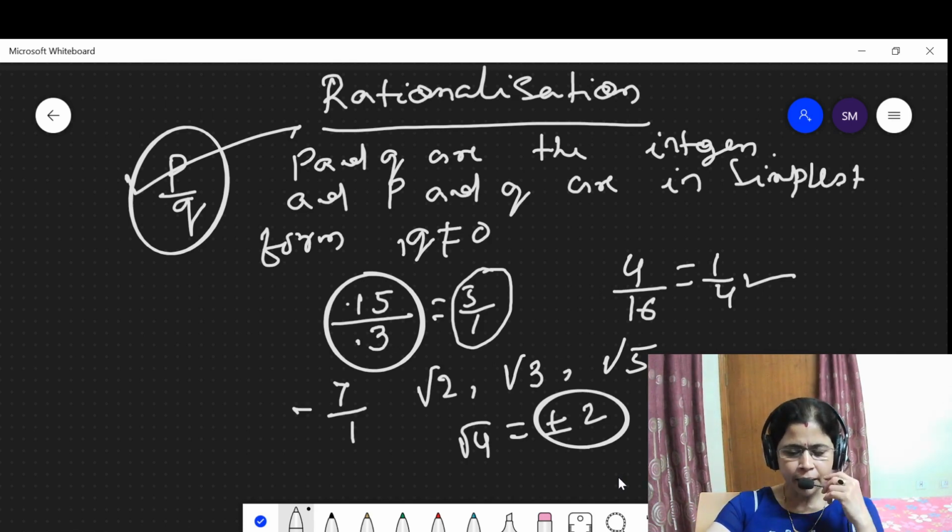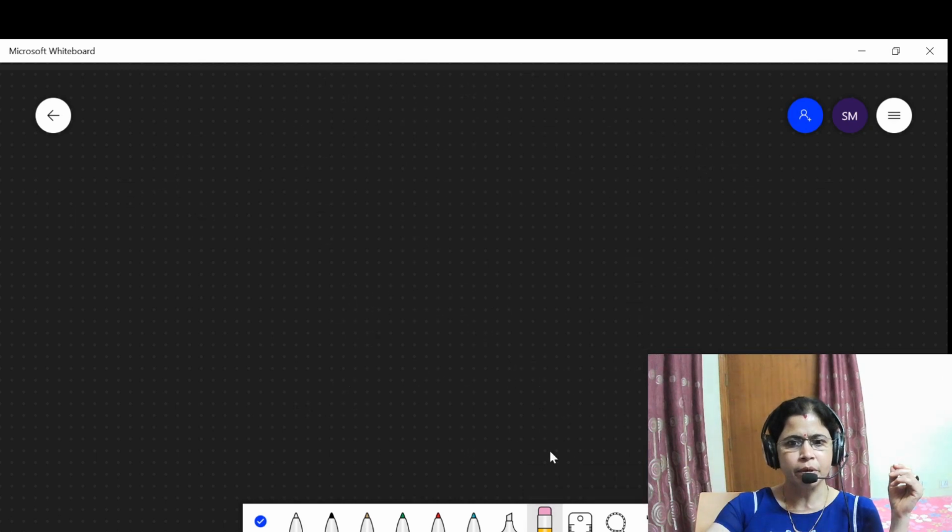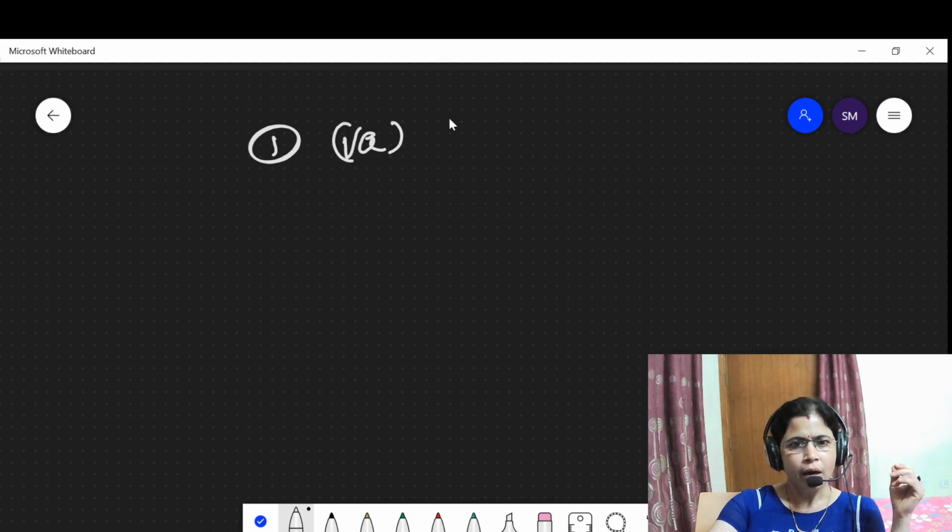Now let us discuss some identities of irrational numbers. Please note them down, students. I have already told you, when I teach, please note down the important terms.